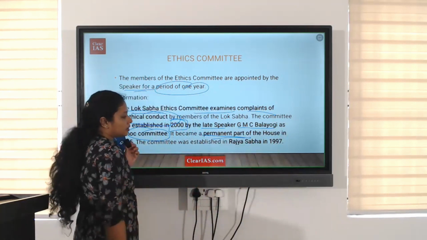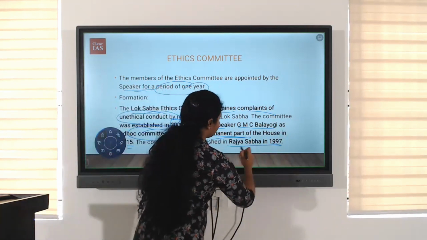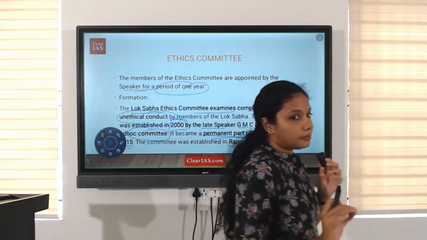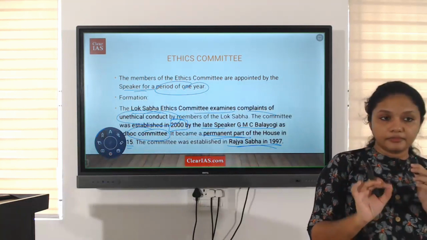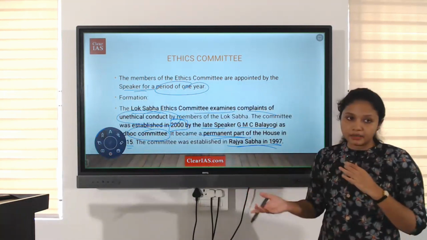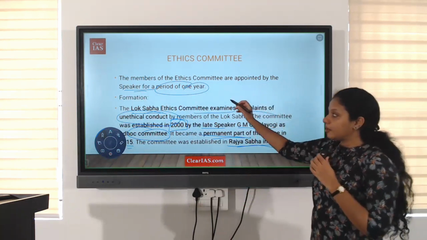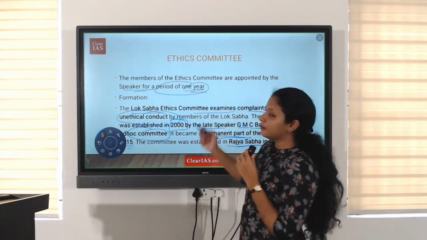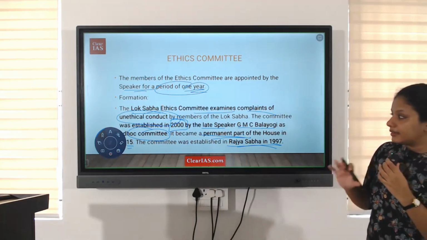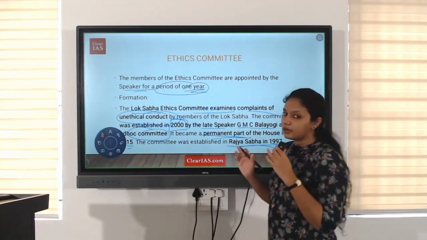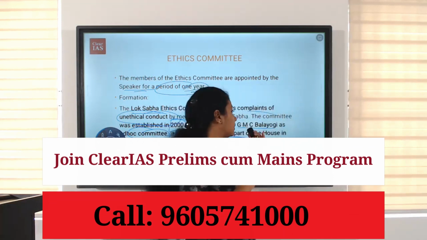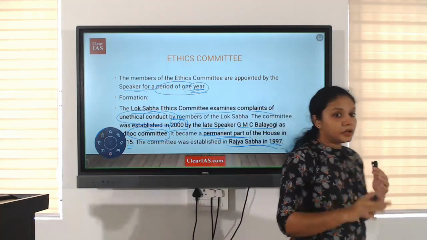The committee was established in Rajya Sabha in 1997. So the members are appointed by the Speaker, as we know from the Parliamentary Committee discussion itself, for a period of 1 year. Then the Lok Sabha Ethics Committee was constituted in the year 2000 by then Speaker GMC Balayogi as an ad hoc committee.